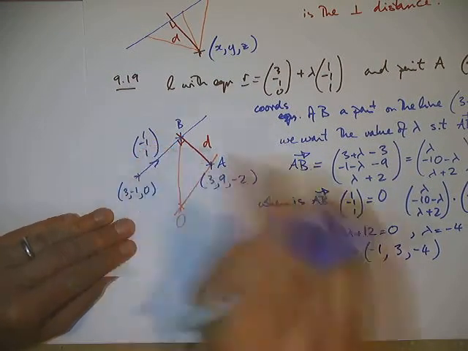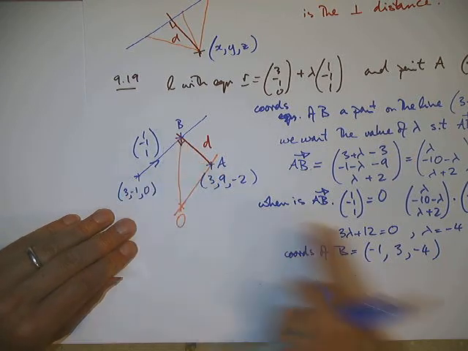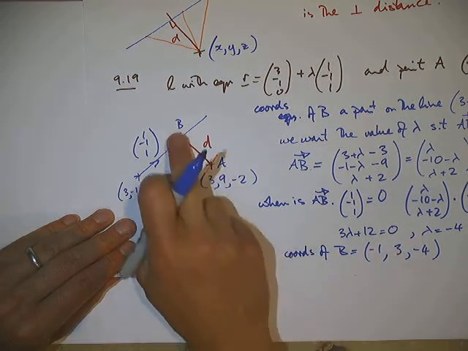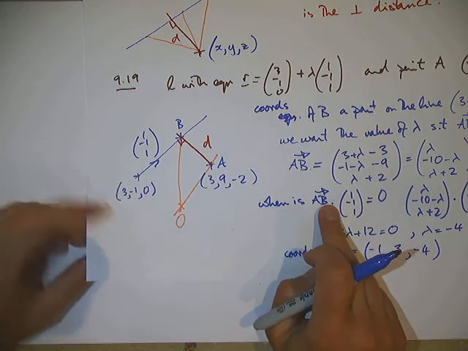Remember what we're trying to do. If one question was find the coordinates of that point, we've done it. If I want the length of this line, I want the length of AB.